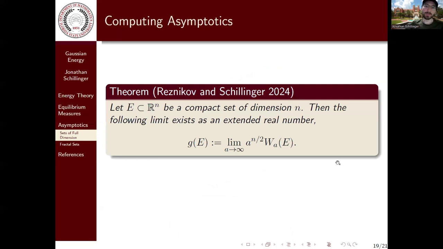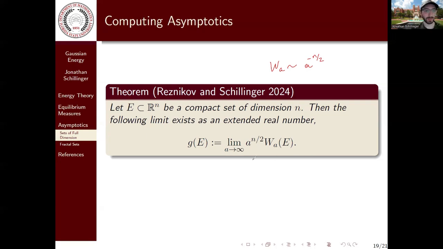Now let's go into the asymptotic part of this talk. Besides computing equilibria, we're also asking how our energy behaves as the parameter grows. If you have a compact set in ambient dimension n, a subset of R^n, and your set also has dimension n, so Hausdorff dimension n, then the asymptotics of the continuous Gaussian energy are of the order A to the negative dimension over 2.